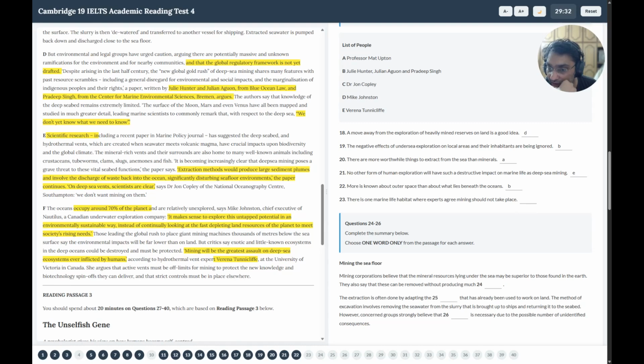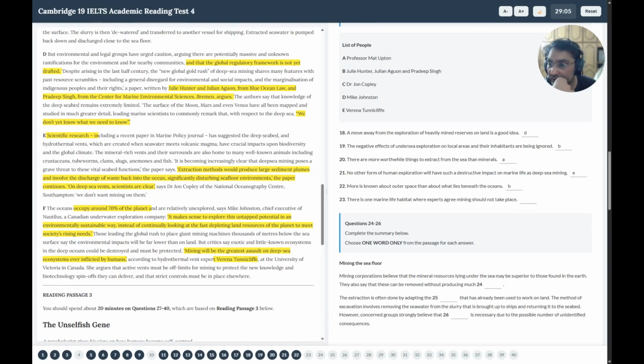Where are you? Okay, extraction methods will produce large sediments and involve the discharge of waste by disturbing. We don't want mining on them. Vital seabed functions. One, marine life habitat.